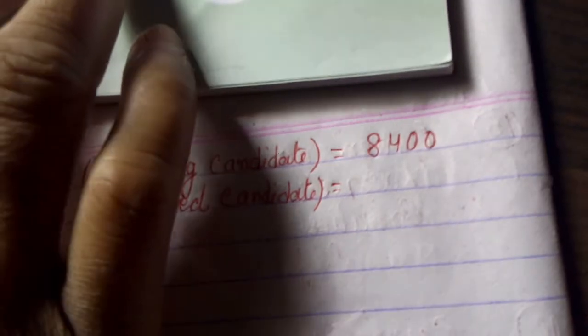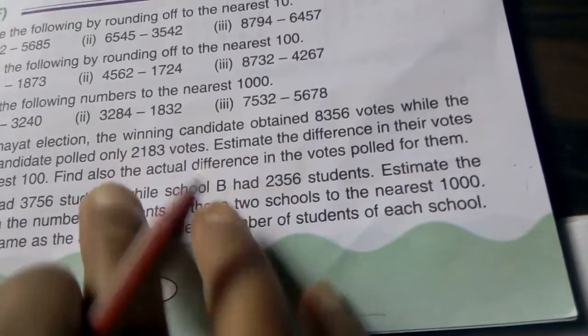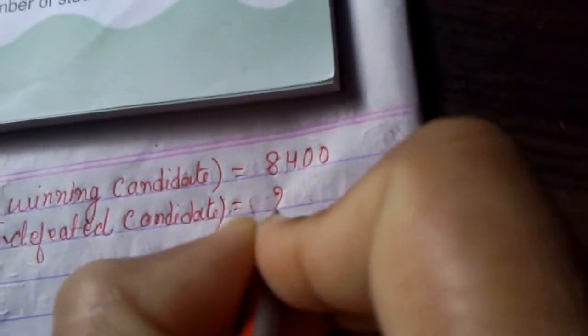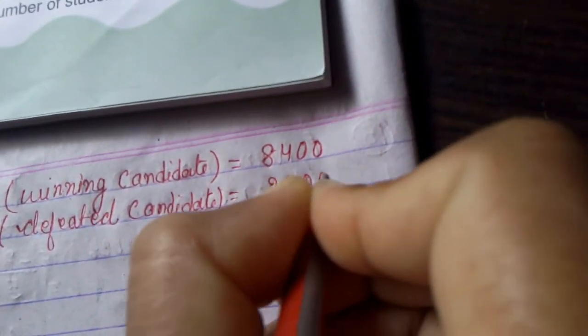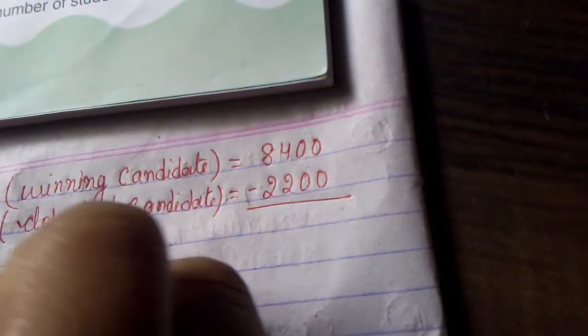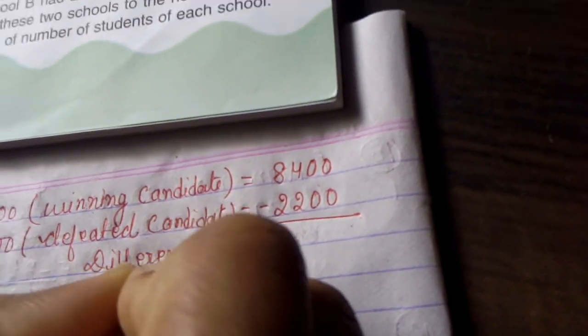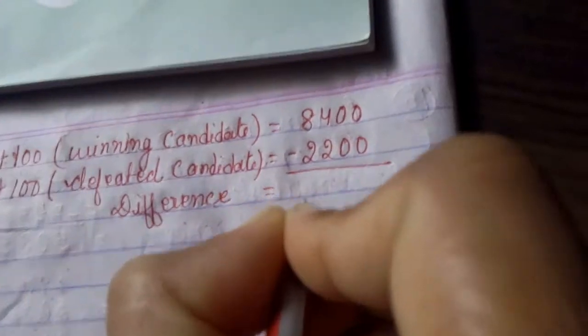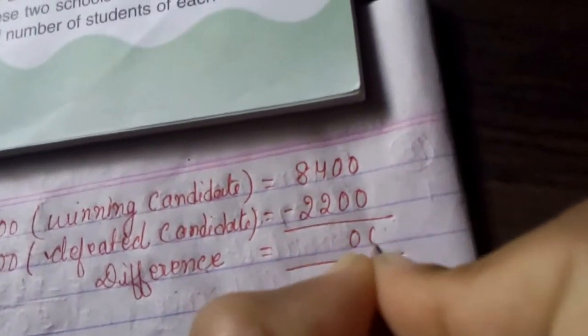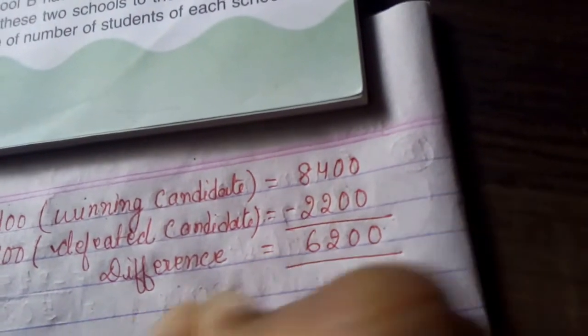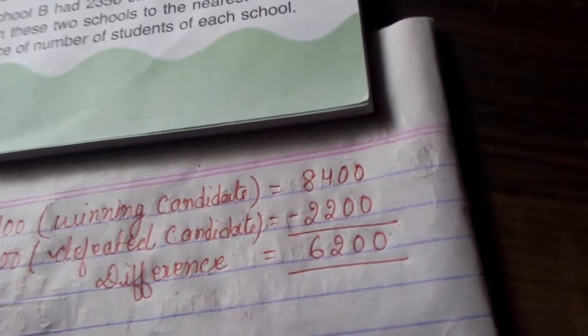So candidate. So here we can see 8 is there. So we have to increase the number which is at 100 place. So 1 will become 2. Now we will find out the difference. So we have completed question number 4.